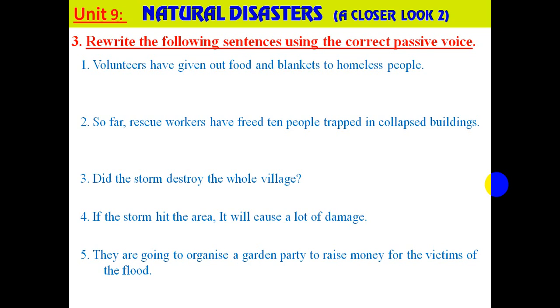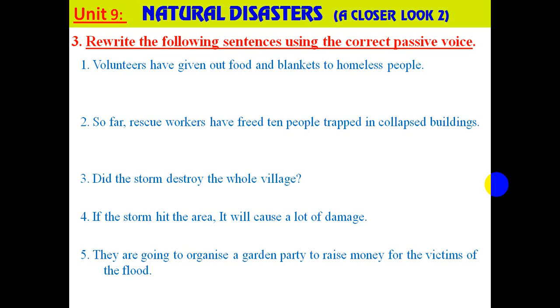Number 4. If the storm hits the area, it will cause a lot of damage. Number 5. They are going to organize a garden party to raise money for the victims of the flood. Now, we are going to rewrite the following sentences using correct passive voice. You have 2 minutes to do this.